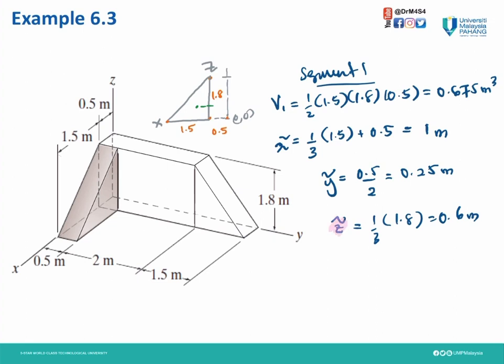So this is the Z axis. The height of that is 1.8. So we need to know this distance. That means 1/3 from the bottom. So 1/3 times 1.8, we get 0.6. So we identify the location for segment 1.